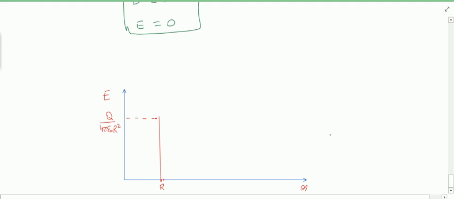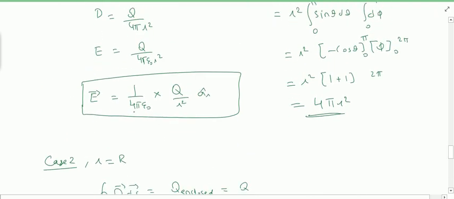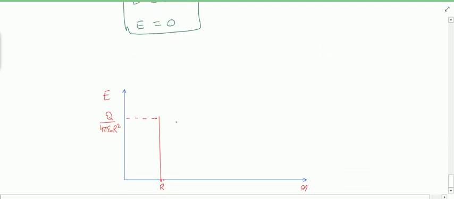After that what is happening? You can see that 1 by 4 pi epsilon naught is constant and the charge q is constant. You can see that E is varying inversely to the square of the distance. So you will get a graph something like this for E inversely proportional to R square.